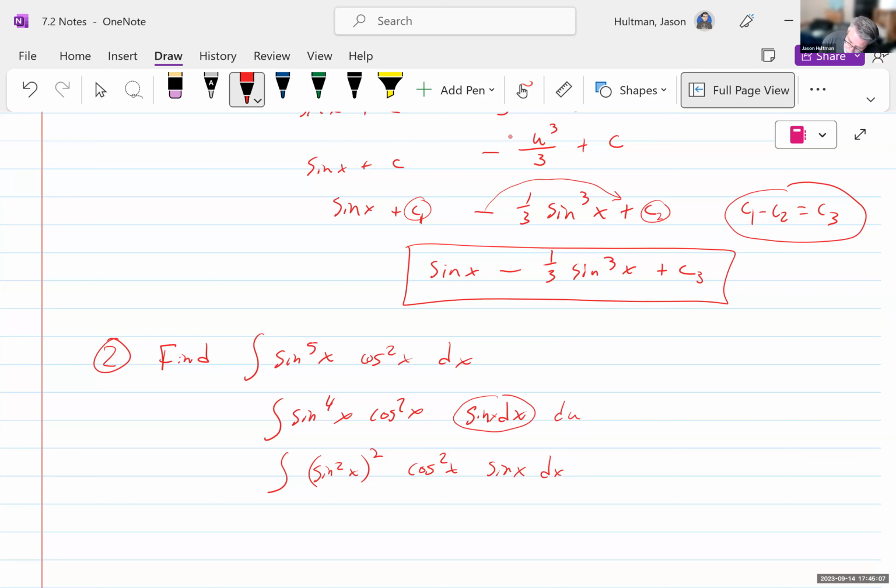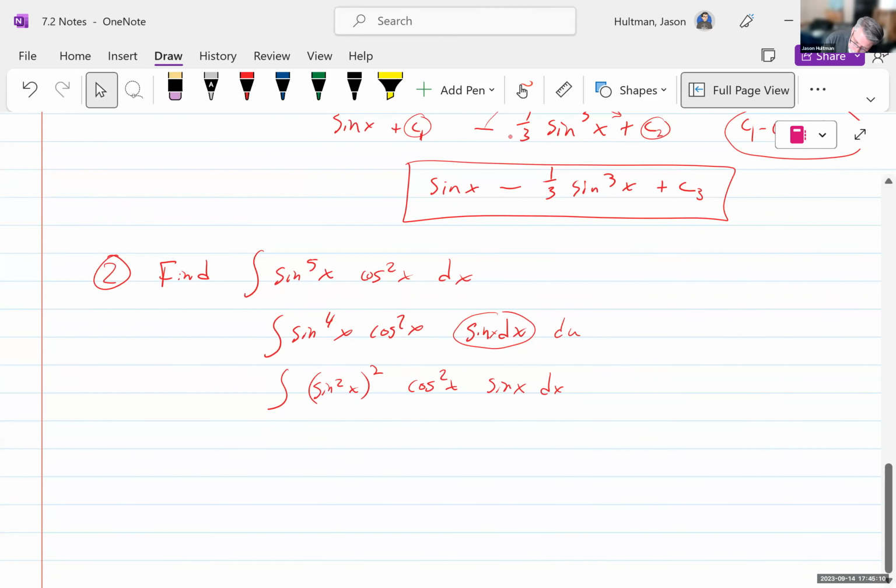But what did we say sine squared x was? Wasn't that 1 minus cosine squared x? From that Pythagorean identity: cosine squared plus sine squared equals 1. Therefore, sine squared had to be 1 minus cosine squared. But keep in mind that that thing is squared. So then it's cosine squared x times sine x dx.